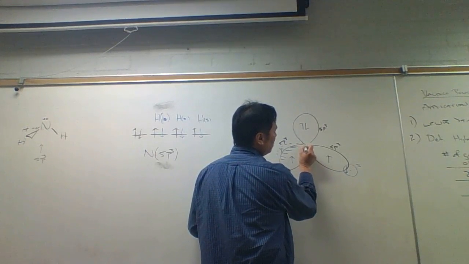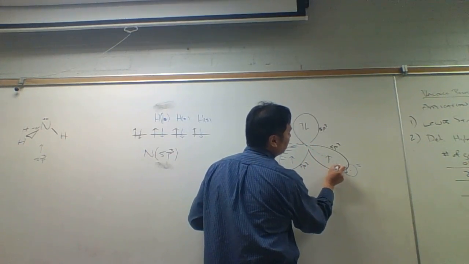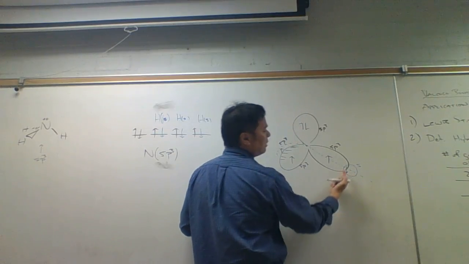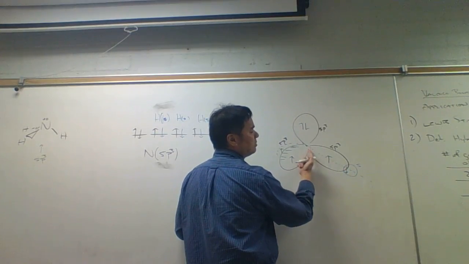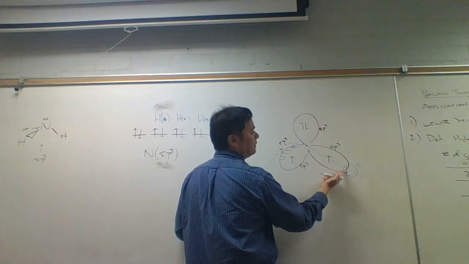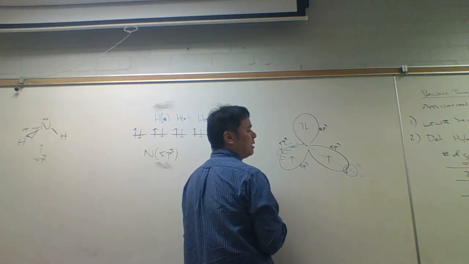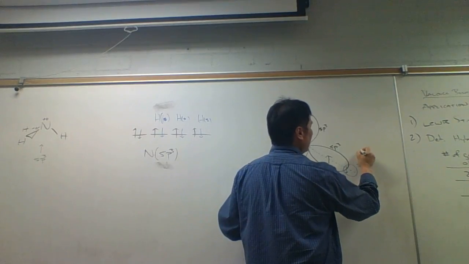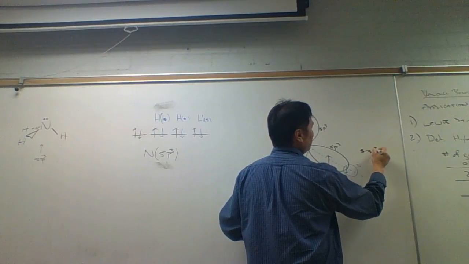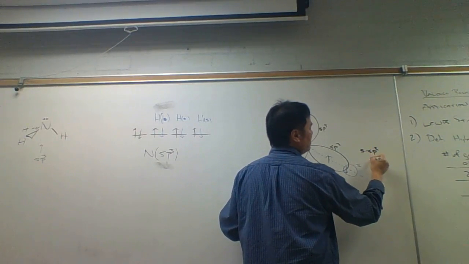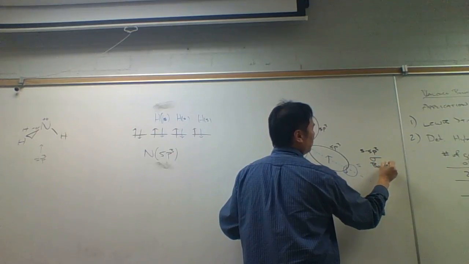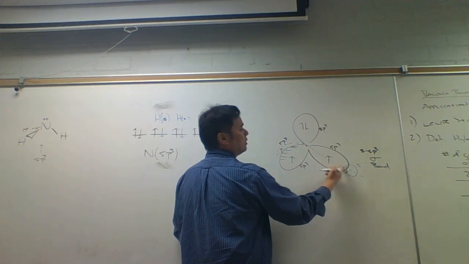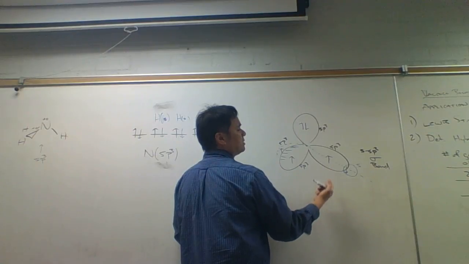What we do is we draw a line between the nuclei. And if the overlap happens along the internuclear axis, which is this green line here, then this is called a sigma bond. We call this an sp3 to show what orbitals are involved, sigma bond. And it's sigma because the overlap is on the internuclear axis.